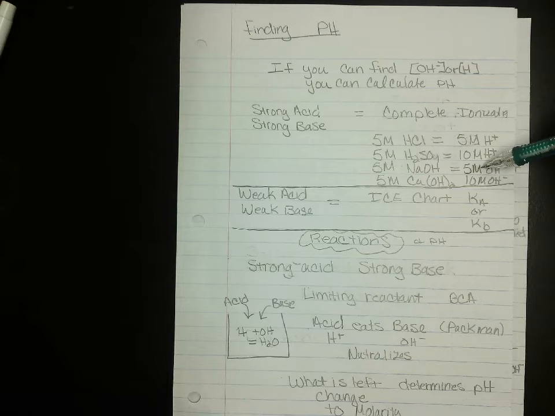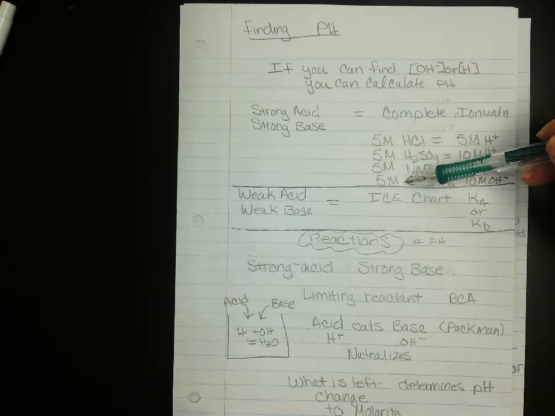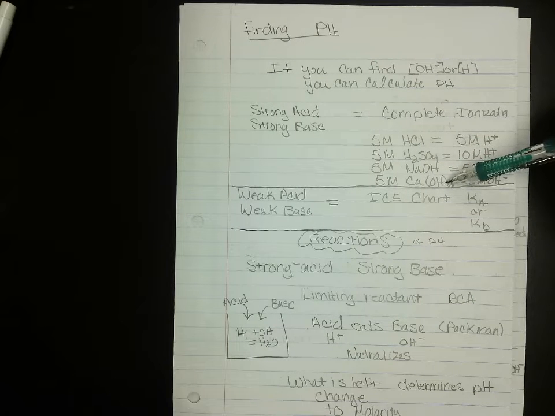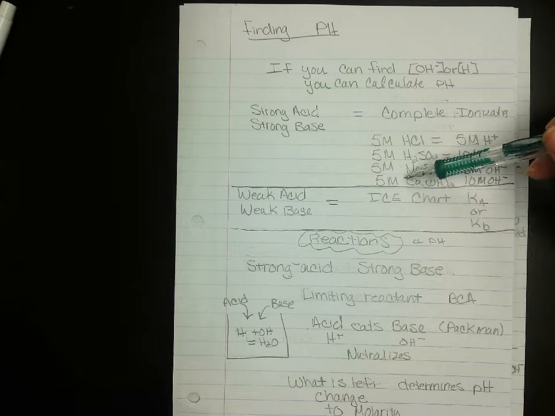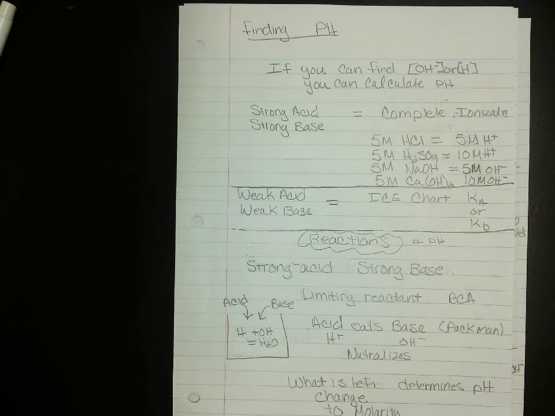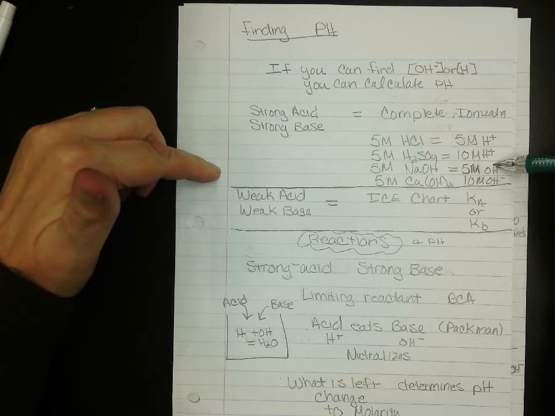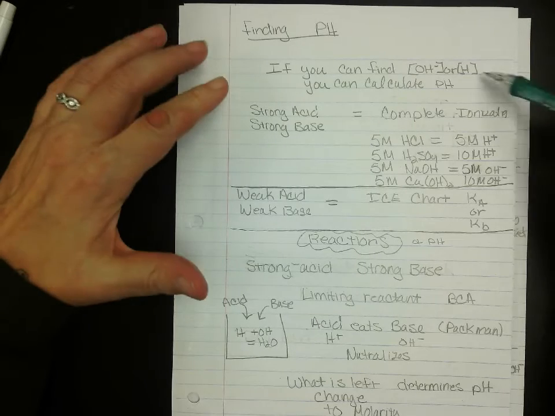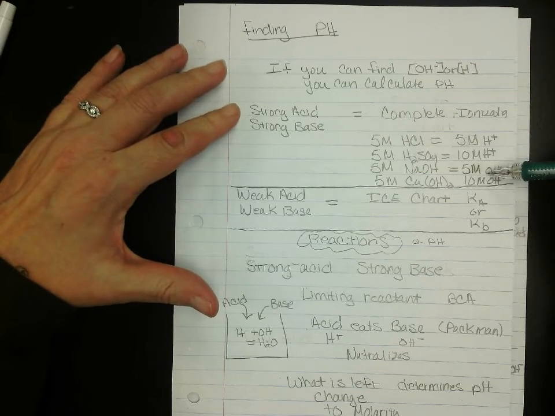That's 5 molar because I started with 5 molar. But calcium hydroxide will break up into 2 OHs, so 2X. So 5 molar will go into a 10 molar OH concentration. And remember, if we have OHs, we need to convert that to H's and then to pH, or you can convert it to pOH and then go to pH. Okay? So this is what we're going to work on today.